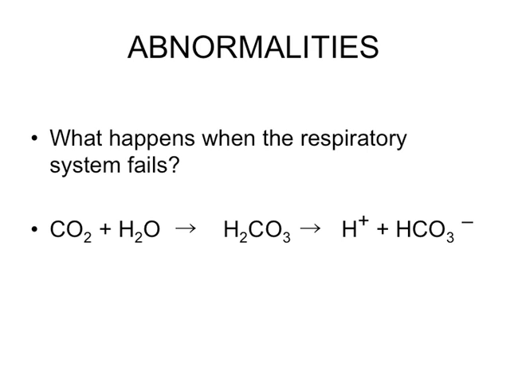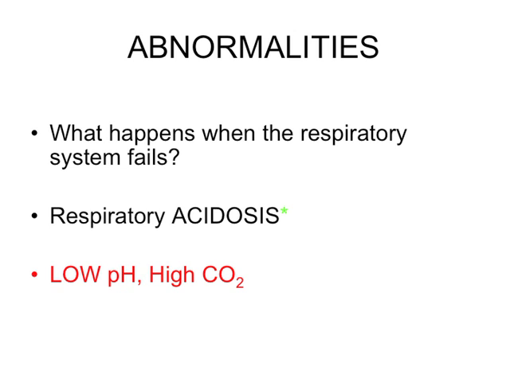In that case, the carbon dioxide level in the body builds up, and that causes an excess of hydrogen ions in the body. And so that moves the body out of homeostasis, making it too acidic, and we call that abnormality, when the body is too acidic, acidosis. And in this case, because it's caused by the respiratory system, we call it respiratory acidosis.